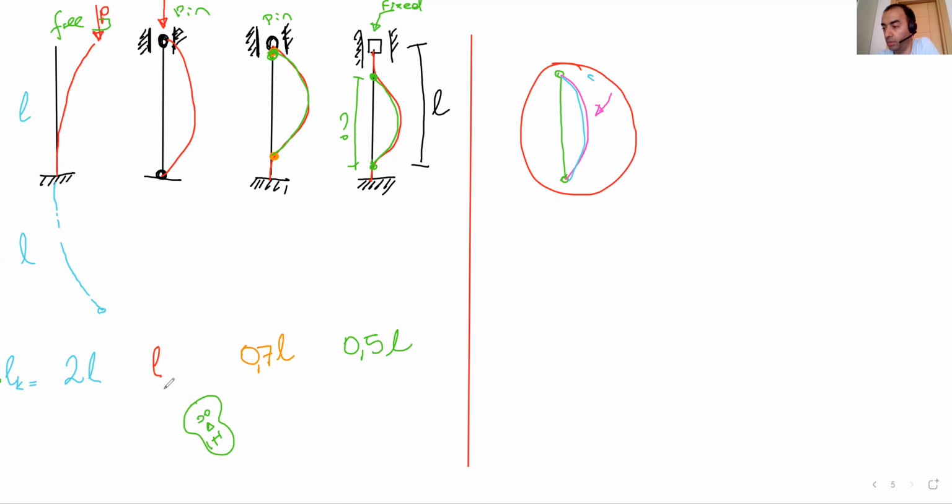Okay, we're just talking about the critical case, critical load. Now I will talk a little bit about the critical stress. When we talk about this critical stress, we will see where this Euler's theory works and where it doesn't work.